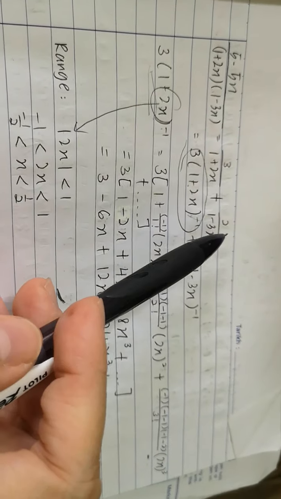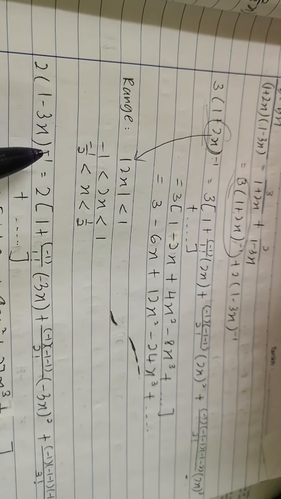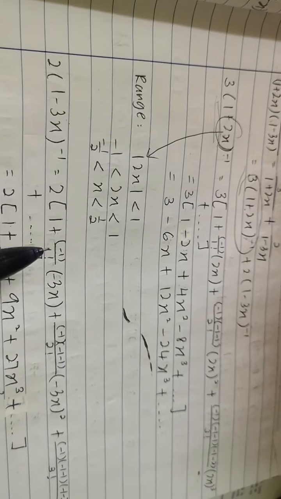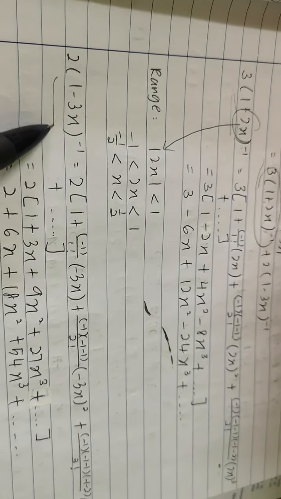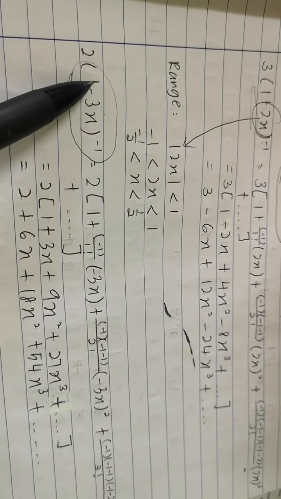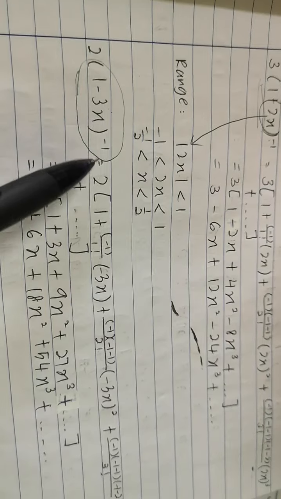Okay, sama juga dengan yang 2 over 1 minus 3x. So 2 over 1 minus 3x power negative 1. So sama, 2 darab bracket. So untuk expand 1 minus 3x power negative 1, kamu tengok the keyword here, depan tu ialah 1. And then power apa?